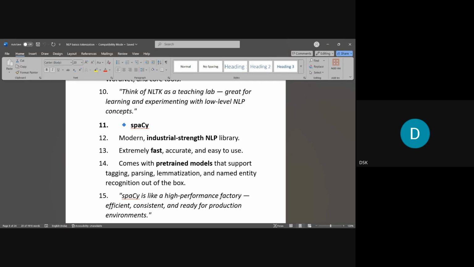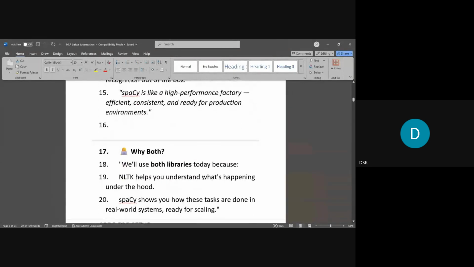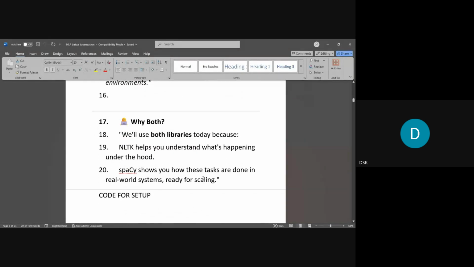So spaCy is high performance, efficient, consistent, and ready for production environments. So why will we be using both? We'll use both libraries today because NLTK helps you understand what is happening under the hood, and spaCy shows how these tasks are done in real-world systems that are ready for scaling.